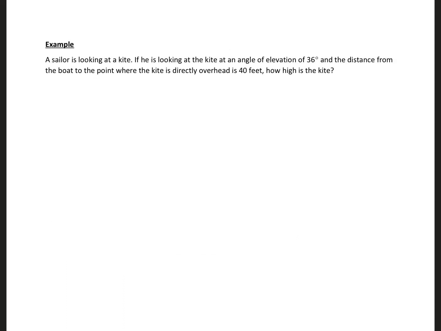So let's look at an example. Here it says, a sailor is looking at a kite. If he is looking at the kite at an angle of elevation of 36 degrees, and the distance from the boat to the point where the kite is directly overhead is 40 feet, how high is the kite? If you see the terms angle of elevation or angle of depression, we're going to fit them to that previous diagram.